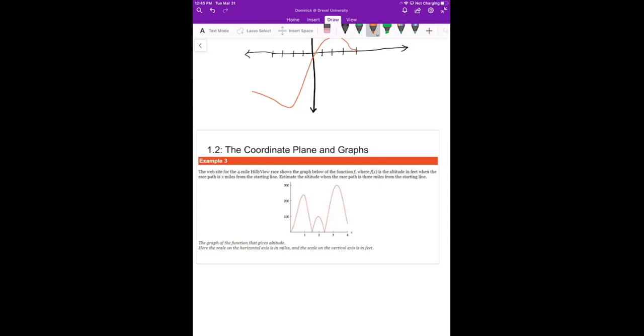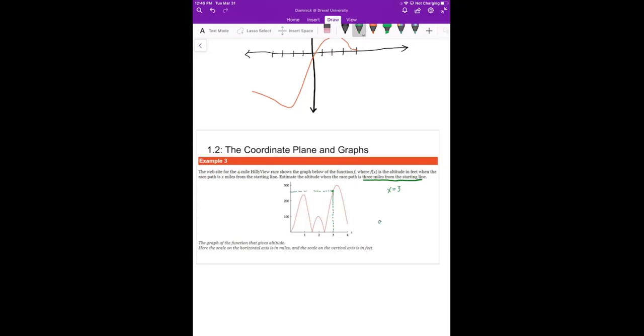Now, 3 miles from the starting line, that is telling us that x is equal to 3, because if it's x miles from the starting line, it's 3 miles from the starting line. So I need to see, well, what's my y value when x is equal to 3? It looks like that's where I'm hitting the graph. And then what's the corresponding y value?